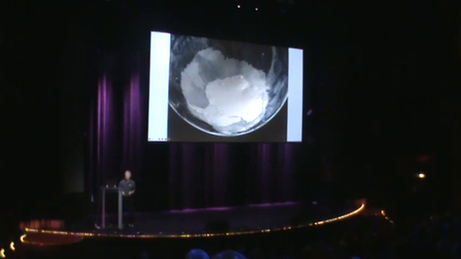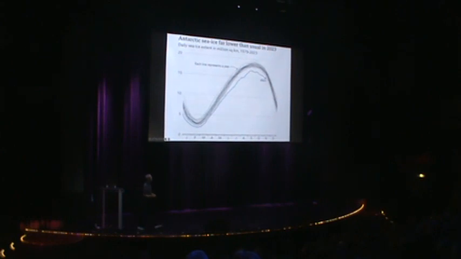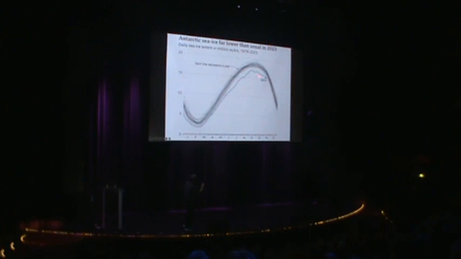Here is a graph showing those measurements over the last many years, with the blue one at the bottom being the most recent. And you suddenly think, whoops, the Antarctic sea ice in winter has diminished dramatically in the last year. And that's a very, very serious point.